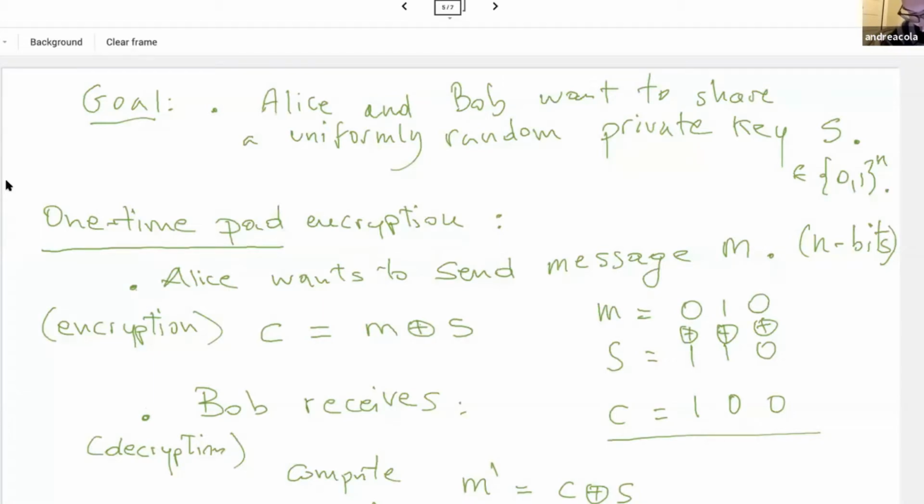So now I've motivated why we want Alice and Bob to share a secret key in the first place. Now let me go over the BB84 scheme.